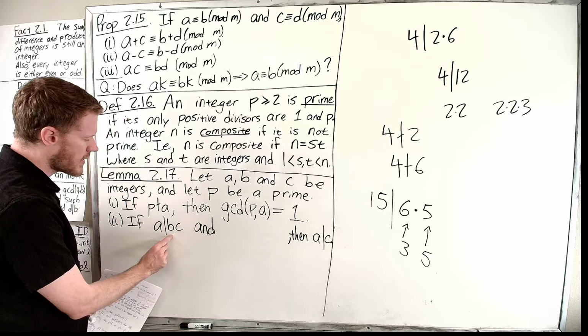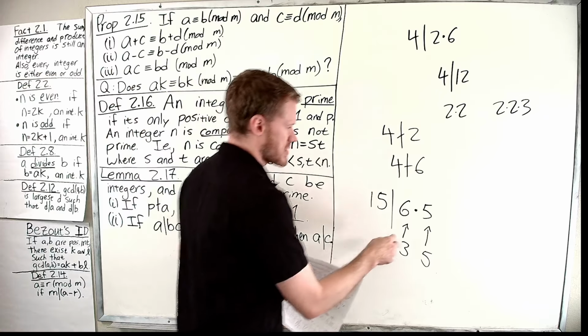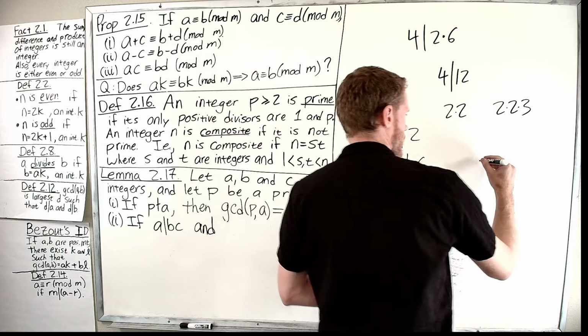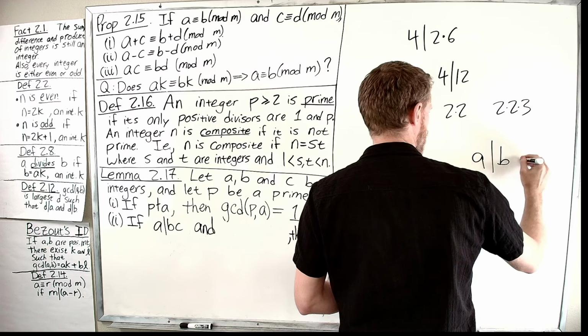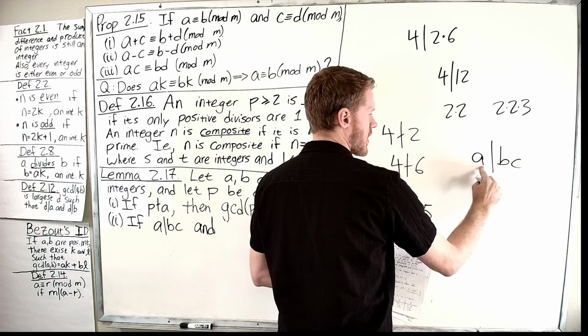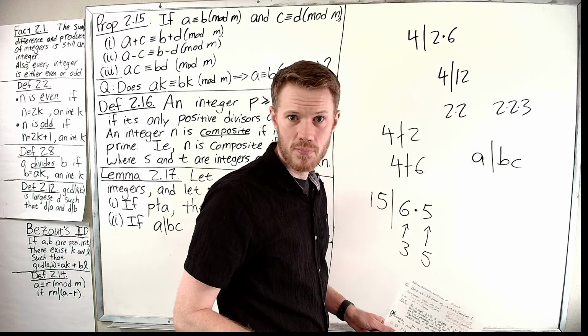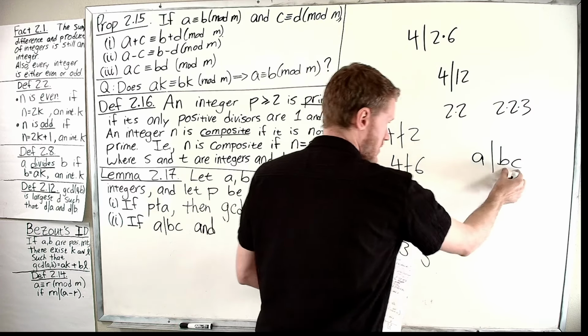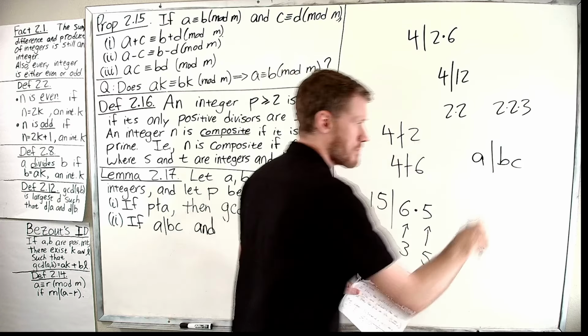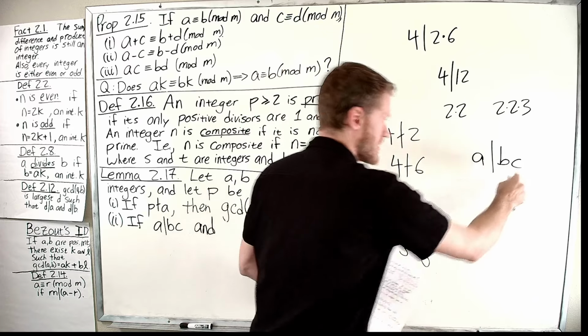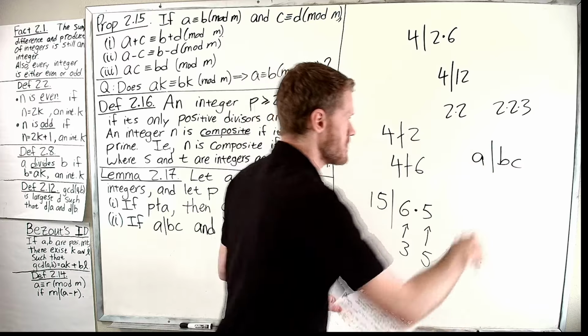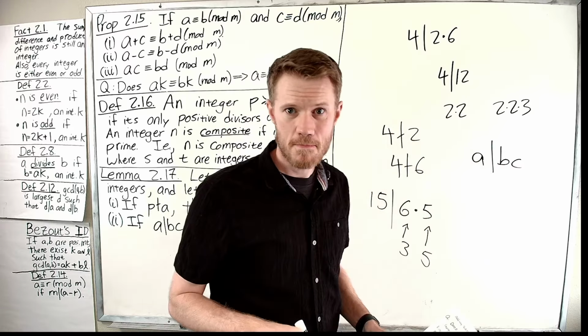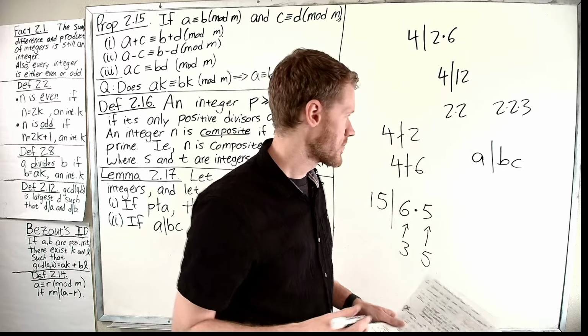So one way to guarantee that A divides BC: if none of A's primes are inside of B, then they all have to be within C, right? If A actually is dividing B times C, and if B's not helping out at all, then C must be doing all the legwork. C must have all of A's primes within it. Make sense?